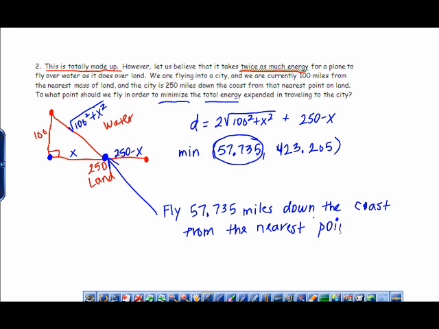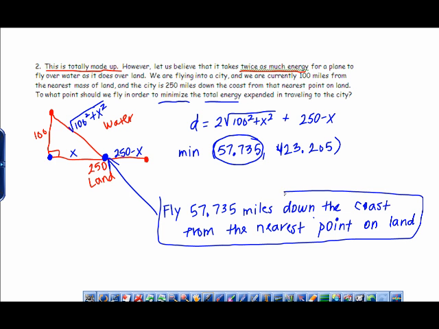Can I just not write the number? Well, you need to explain your answers. You need to interpret your answers. If you had solved this a different way and let X be something else, if you didn't explain it, you wouldn't get the credit for that. From the nearest point on land. And that's good.